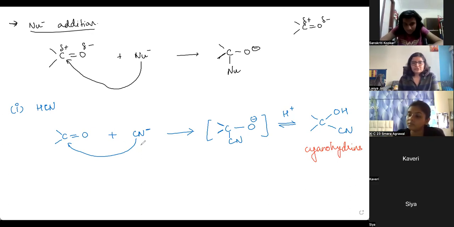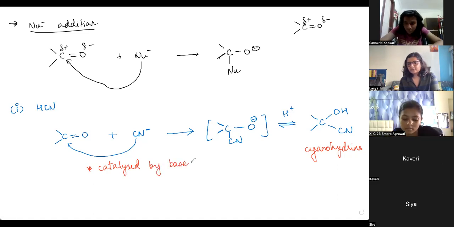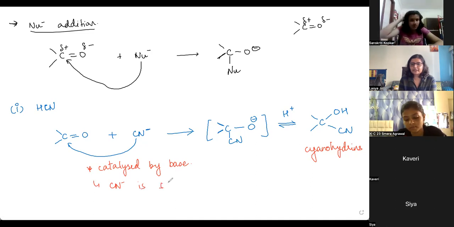Okay. So for this particular reaction, an extra point we need to note is that it is catalyzed by a base. This reaction happens in basic medium. If I use NaOH, CN minus will be the attacking species rather than OH minus, because CN minus is a stronger nucleophile than OH minus.